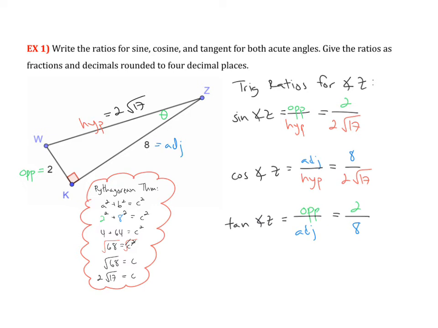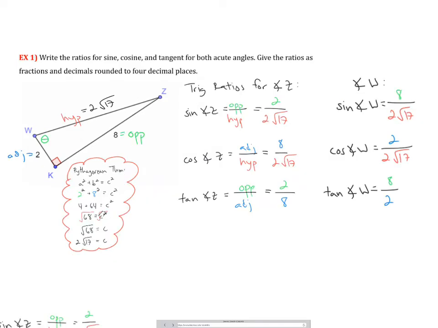Let me quickly write in the trig ratios for angle W, and then we'll take a look at it. All right, so over here on the right side, I have the ratios for angle W. The first thing that I want to pull your attention to is the fact that the angle we're focused on is now angle W. And because my theta is now at angle W, I need to change 8 to be the opposite leg, and now 2 is the adjacent leg.